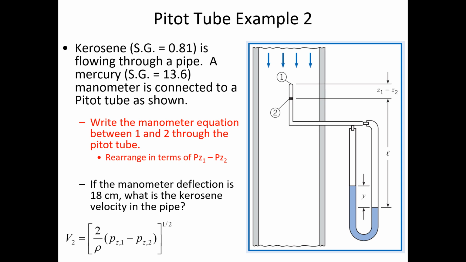All right, so I just rearranged so that I can say this is P sub Z1, this is P sub Z2. So the P sub Z1 minus P sub Z2 is equal to Y times the gamma of mercury minus the gamma of kerosene.